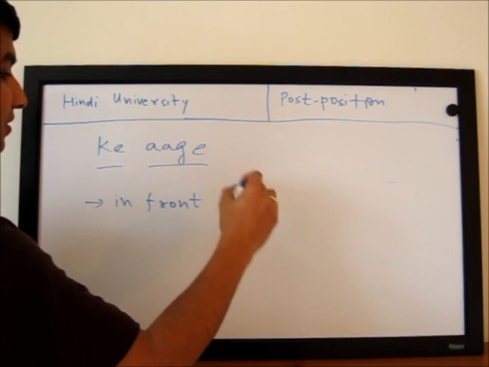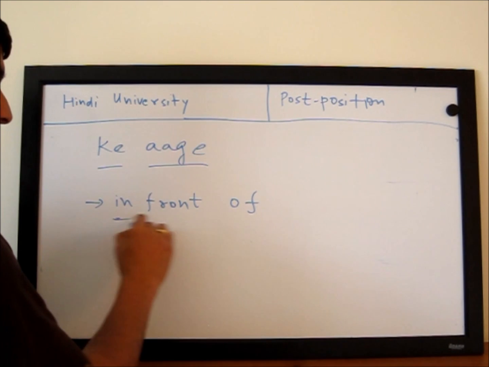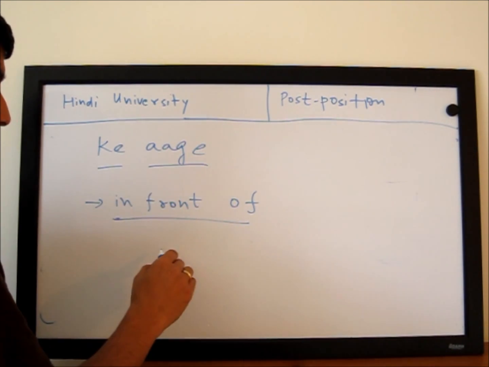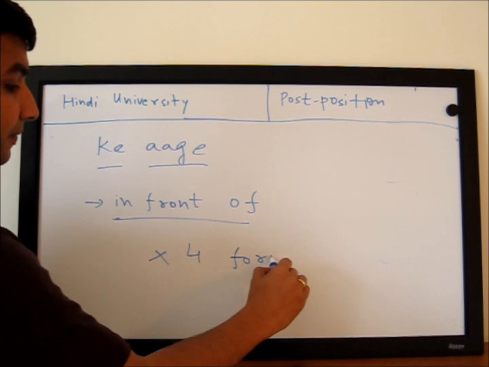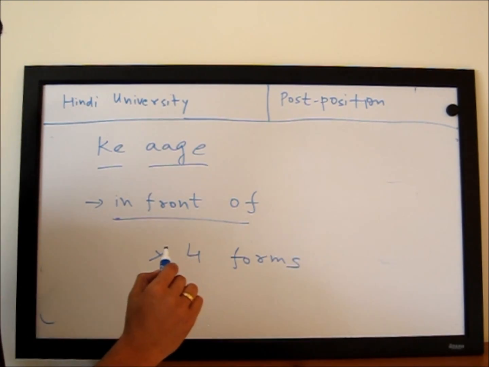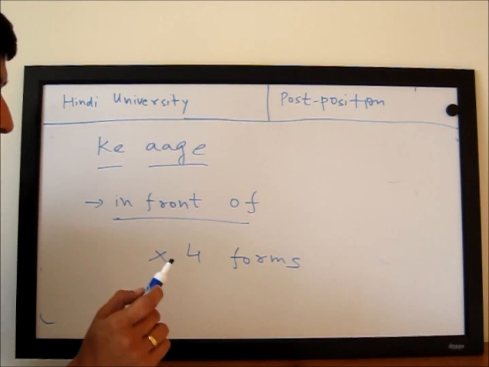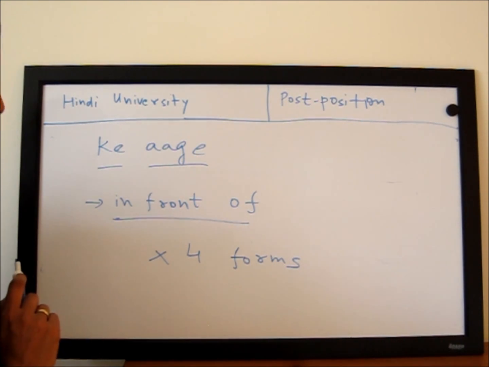We used it in one sentence with one pronoun, but you can use it with several pronouns. And you can use it with 4 different forms: affirmative, negative, interrogative, and negative plus interrogative.